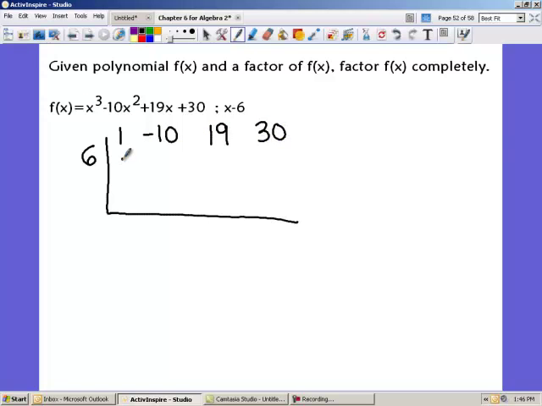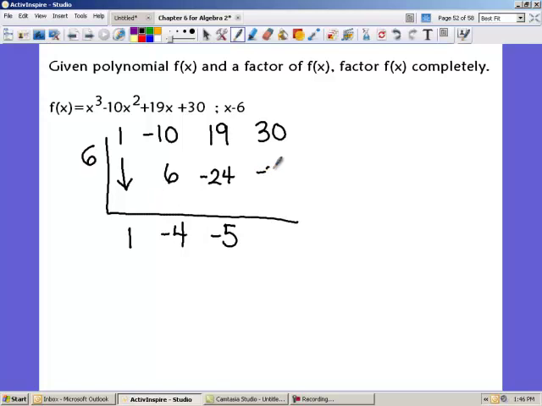And we're going to go through and do this. So bring down the 1, multiply. 6 times 1 is 6. Add them up. Multiply again. Negative 4 times 6. Add these up. Negative 24 plus 19, negative 5.